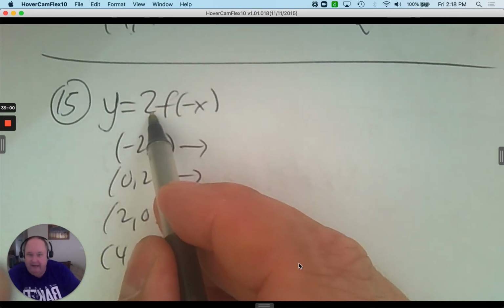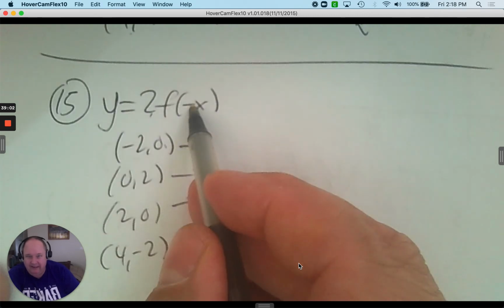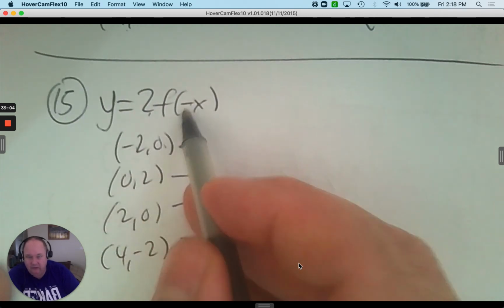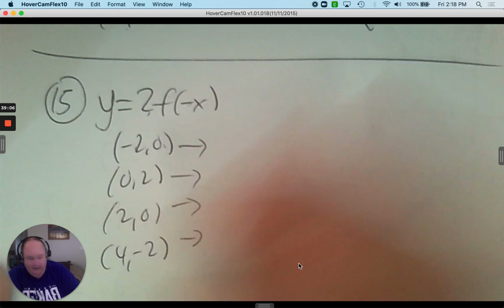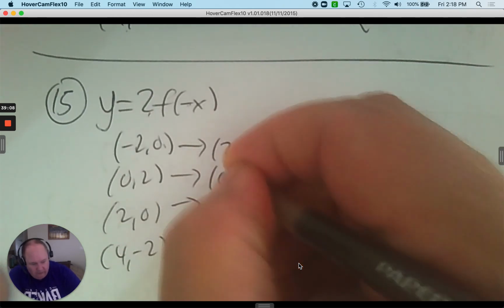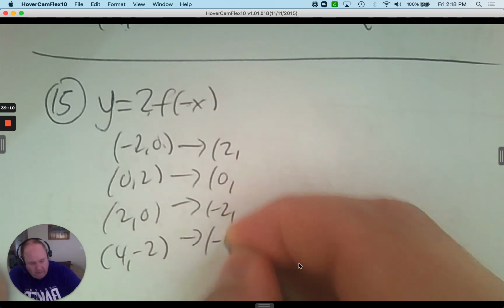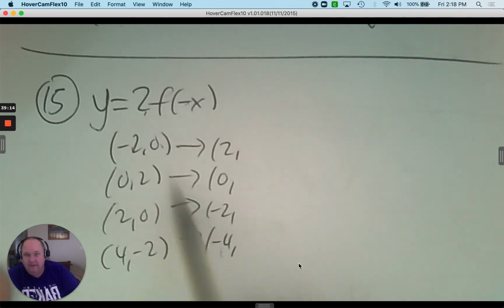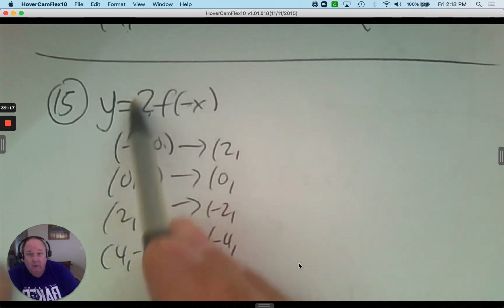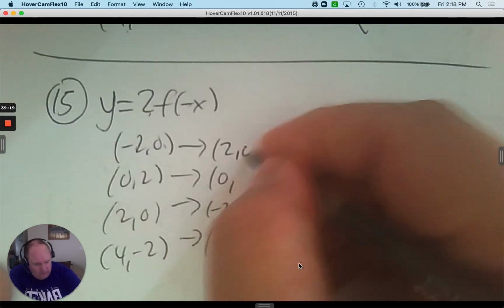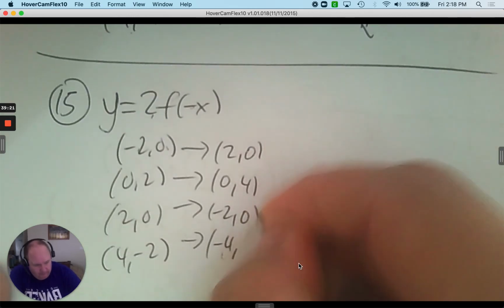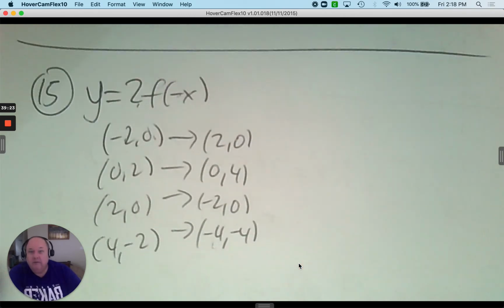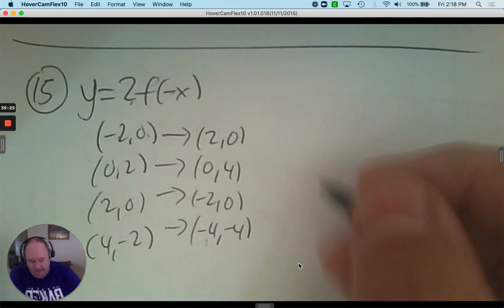What's on the outside affects the y coordinate, inside affects the x. So we're dividing by -1, so it creates a reflection. Take each x coordinate and divide by -1. Take each y coordinate and multiply times 2. So you're going to have a reflection over the y-axis and a stretch.